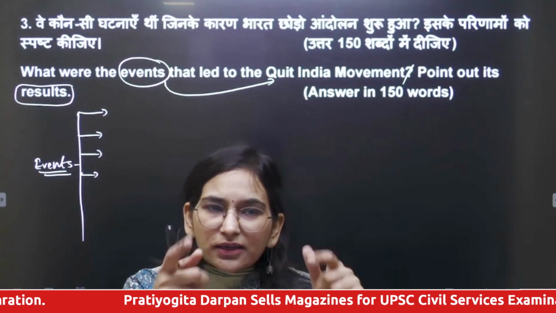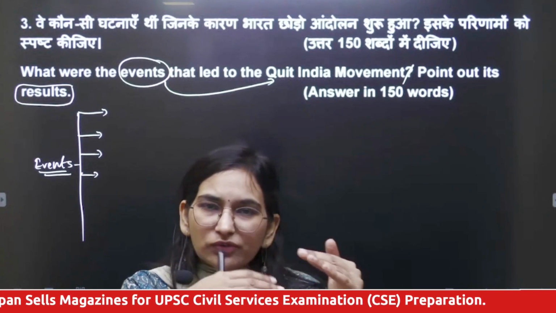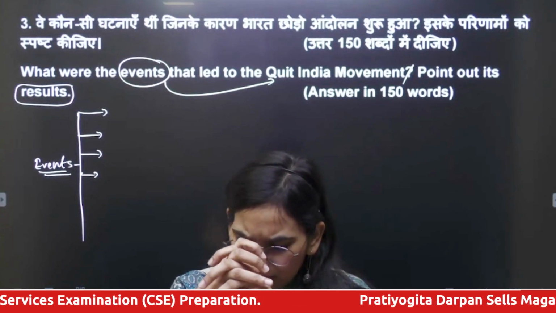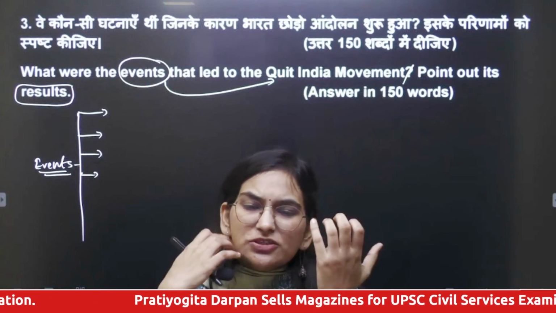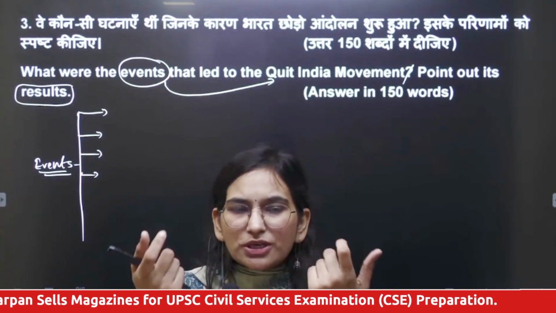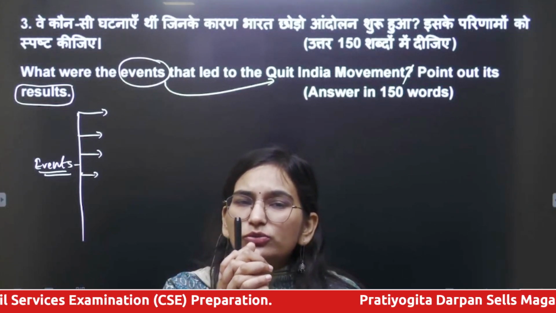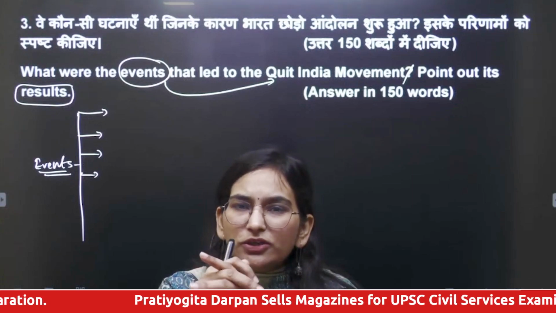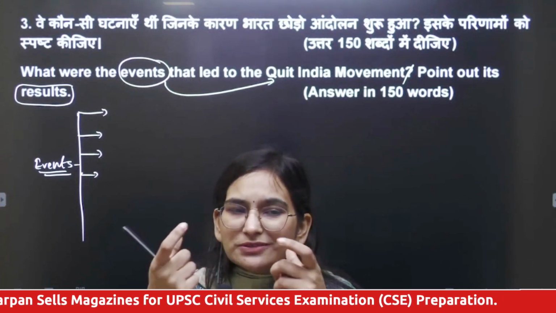And here you can talk even about the hardships of World War I. In World War I, the economy was centralized, or the Britishers put a lot of restrictions over the economy as well as over social and political things. These restrictions led to a lot of wartime hardships, particularly inflation and the rise in food grain prices, and these culminated in people's discontent.